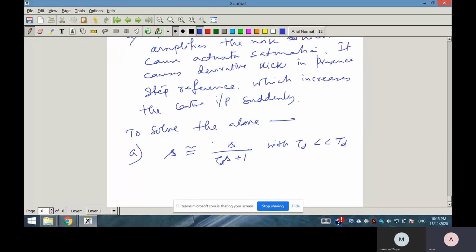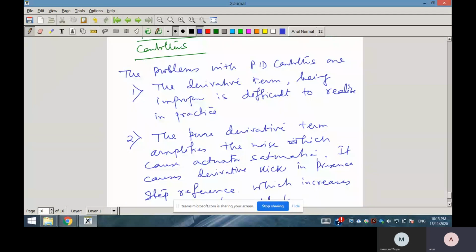So we are adding a very fast dynamics compared to the bandwidth of the system. The pole corresponding to this tau d will be far away from the imaginary axis. It will not cause much problem to the system because it will settle down fast. So you can well approximate s by s over tau d s plus 1. This is one way to avoid this problem.